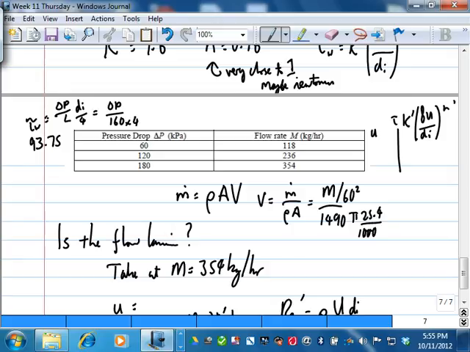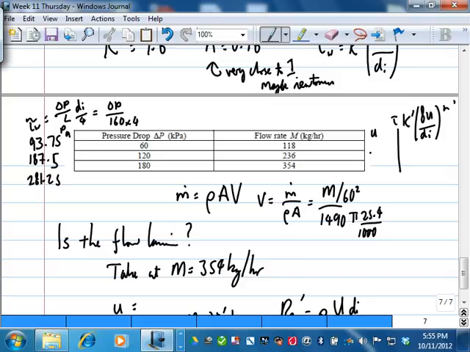Second one? 187.5. Third one? 281.25. Alright, all these are in Pascal.